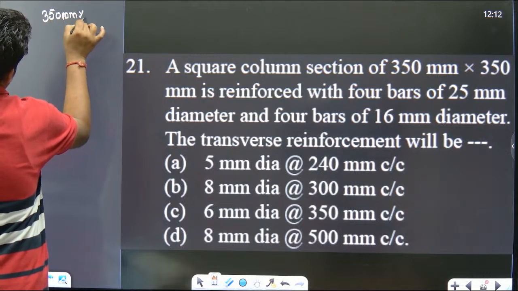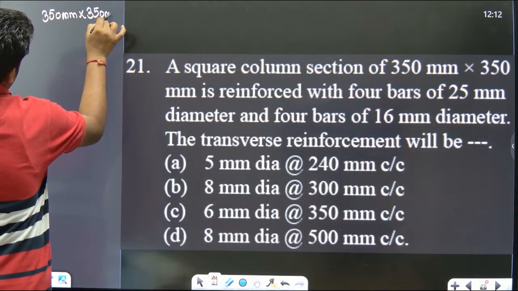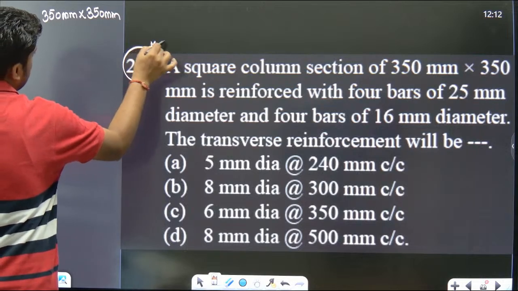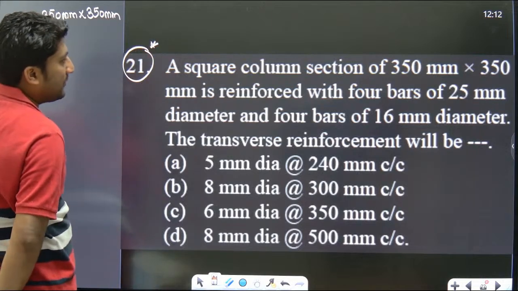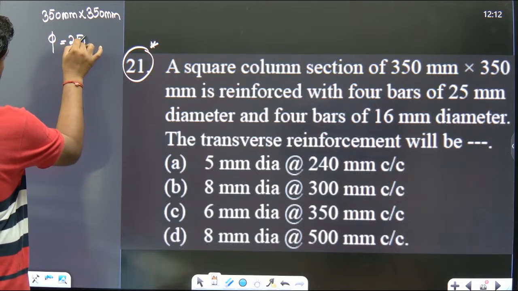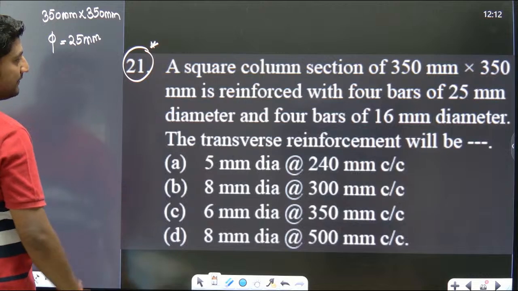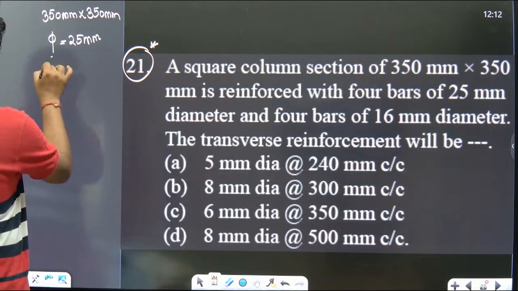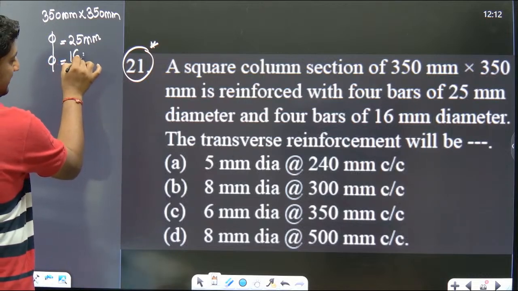This is also a very good question. It has 4 bars of 25 mm diameter as the main bars and 4 bars of 16 mm diameter.